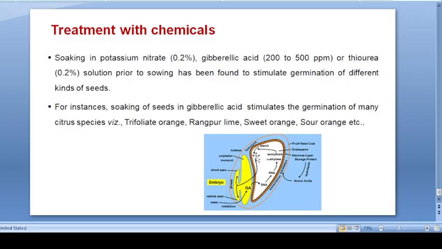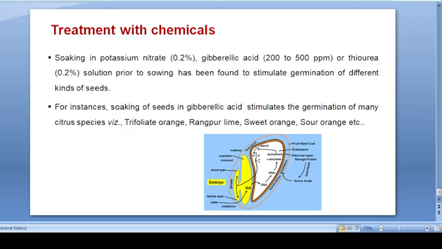These things you should be very well aware of, especially in the case of horticulture crops. These are the common practices we will follow, and which are the chemicals used to treat the seeds. Normally thiourea is mainly used to break the dormancy.